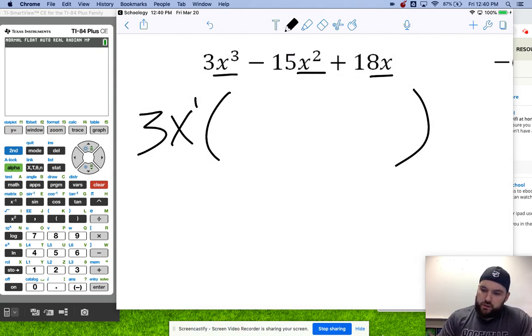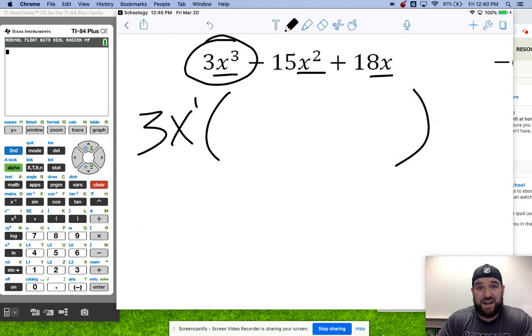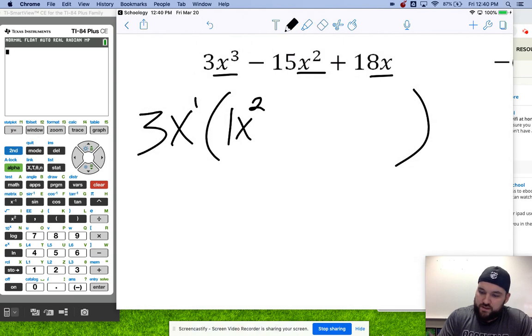So now the idea with filling in the parentheses is: what's remaining in this term if I divide by 3 and I take a single x away. Well, 3 divided by 3 is 1. I had x to the third, but I took one of them out, so now it's x to the second. If I move on to the second term, negative 15 divided by 3 is going to give me negative 5.